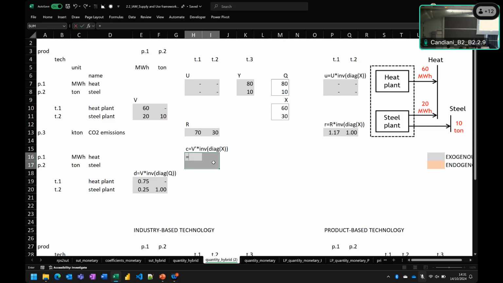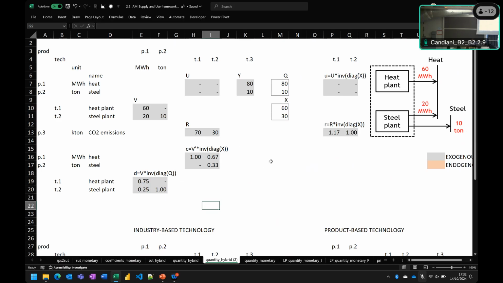Let's now move to the calculation of C, the matrix multiplication of the transpose of V times the inverse of the diagonal of X this time. Unit 2. 0.67, 0.33. That's fine. Is the meaning of these two tables clear for everybody?